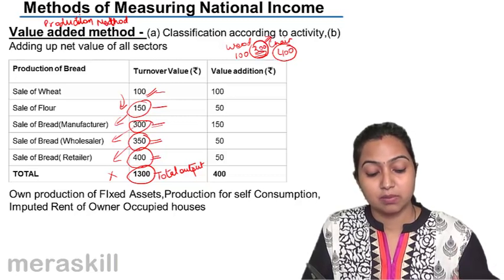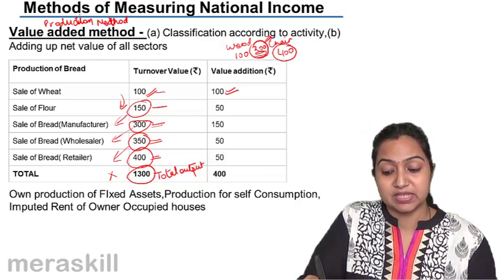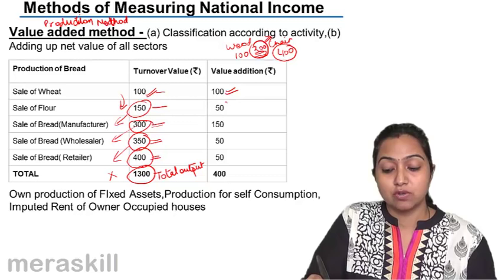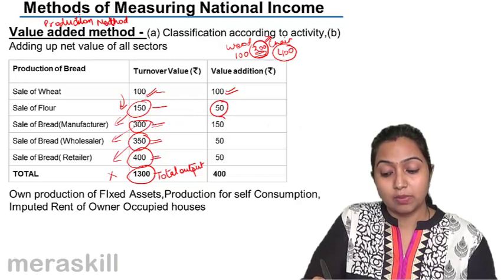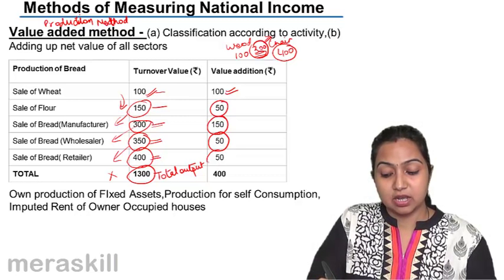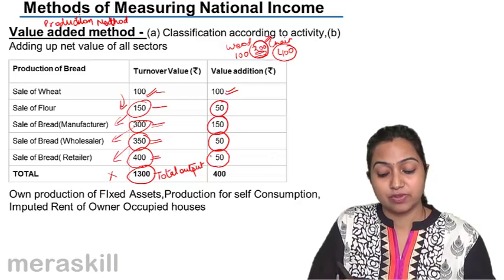Similarly, wheat was bought for rupees 100, then a value addition of 50 rupees was done and it was converted into flour. Then on that flour, another 150 rupees was added and it was converted into bread. The wholesaler made 50 rupees out of it and the retailer made 50 rupees out of it.